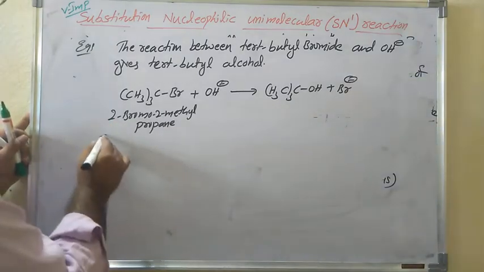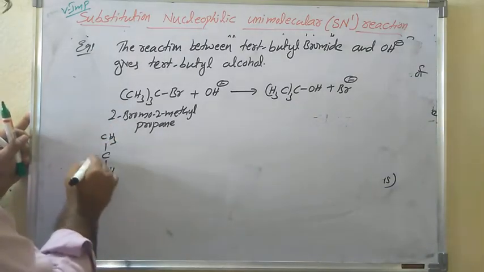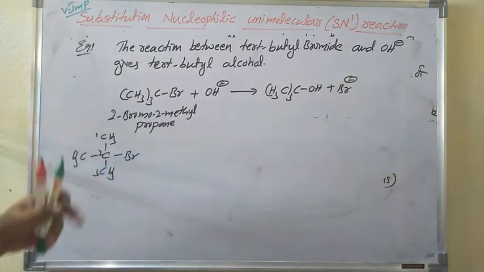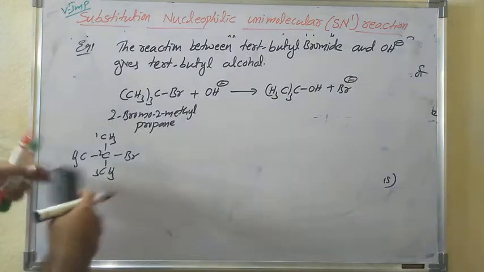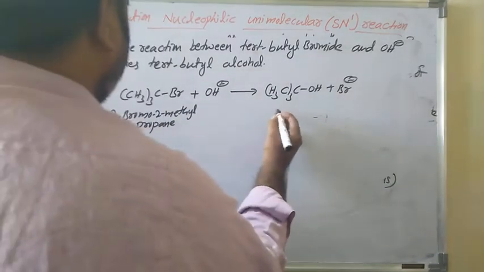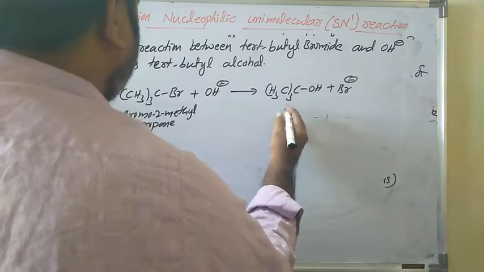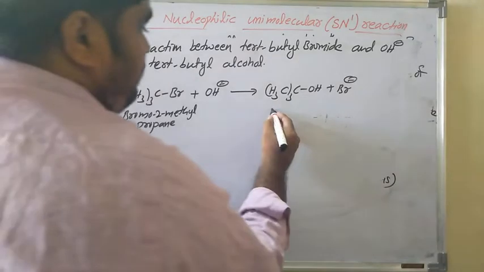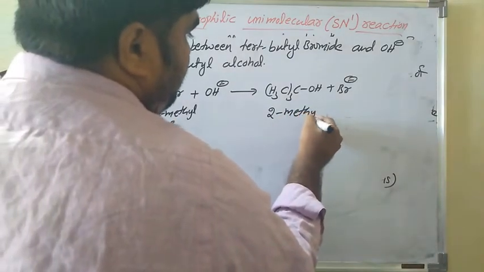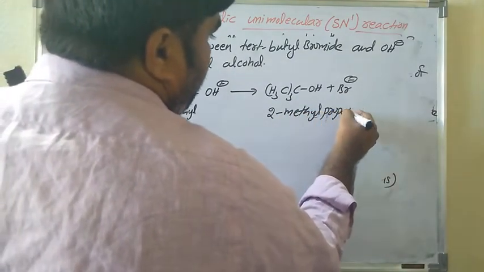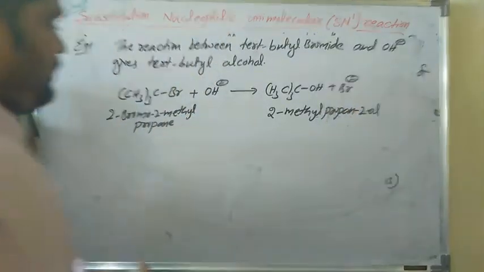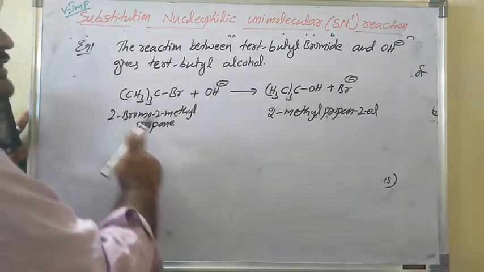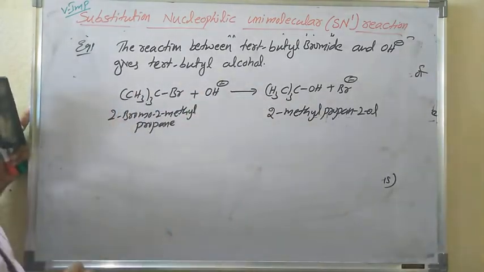We can write it like CH3, bromine, like 1, 2, 3. 2-bromo-2-methylpropane gives 2-methylpropan-2-ol. So this above reaction involves two steps. In this reaction, how many steps? Two steps. It is an SN1 reaction. So, step 1.